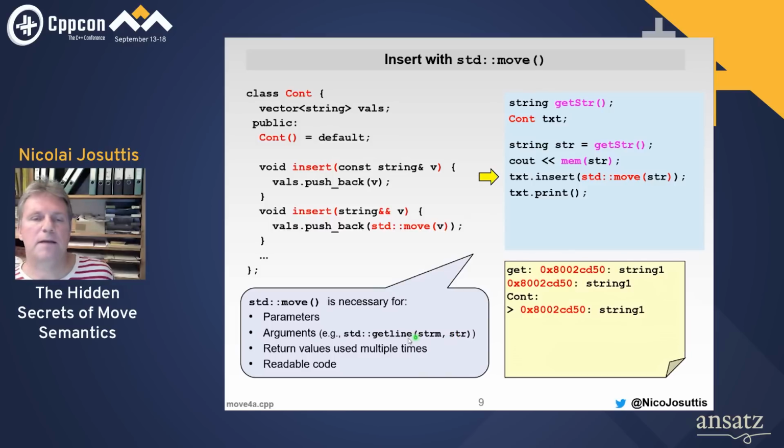That's an out parameter, which of course also has a name. And if you return values, or just use values multiple times, as you see here, and last but not least, sometimes it's more readable to have names for objects. The most important thing still is that we have readable and maintainable code. So there are a couple of reasons to use move. Move is something you should know and understand.